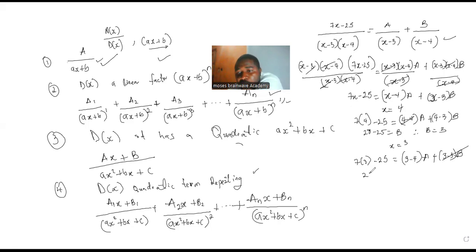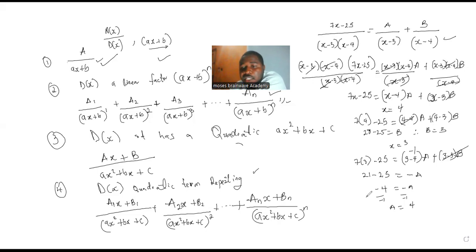So we have 21 minus 25 is going to be minus a, because this is minus 1. 21 minus 25 should give us minus 4. Minus 4 is equal to minus a. So I can divide both sides by minus 1, so I have my a to be equal to 4.